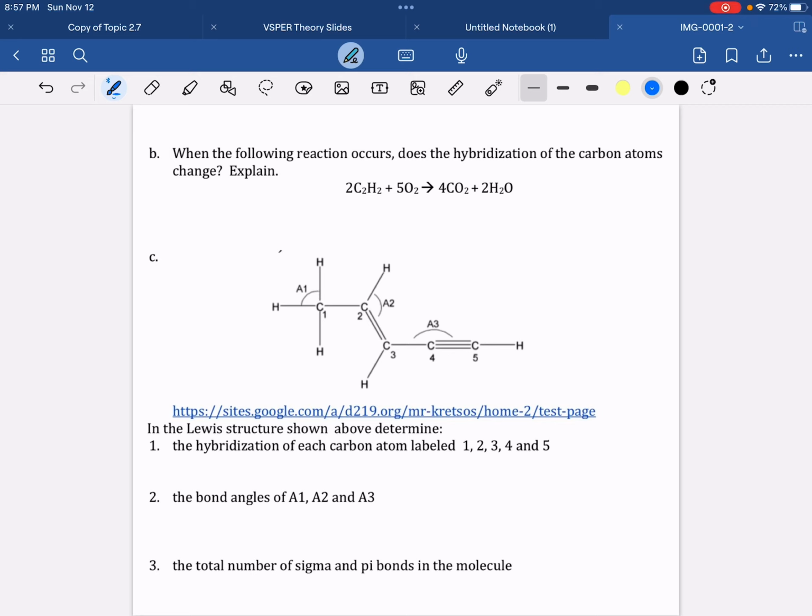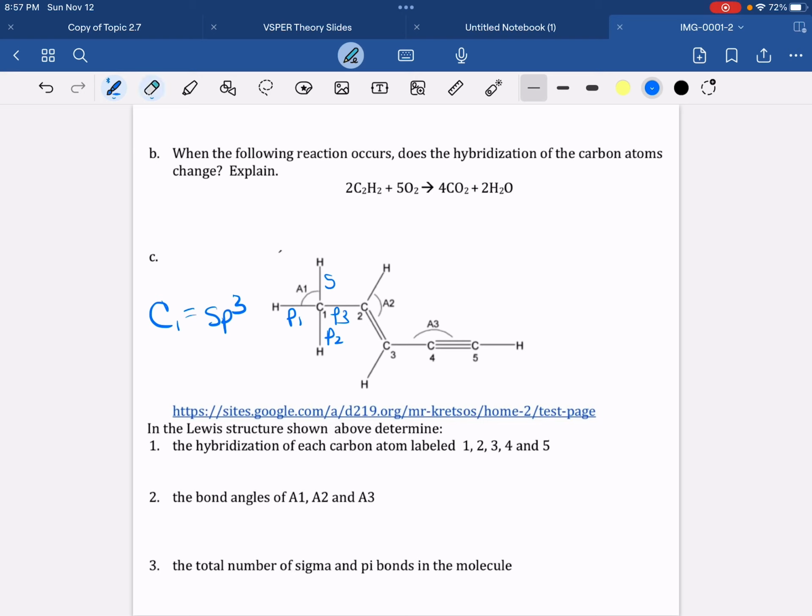So we're going to look at carbon 1. When you're figuring out hybridization, it is very simple. You give each bonding domain a hybrid orbital. So start counting at S. This is P1, P2, P3. So C1 has sp3 hybrid orbitals.